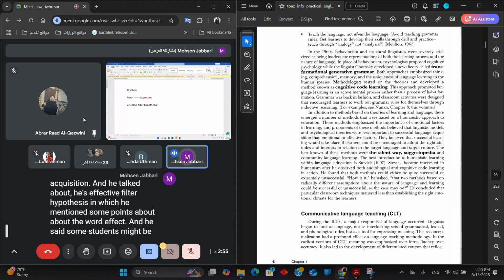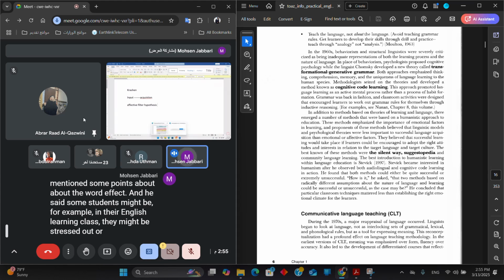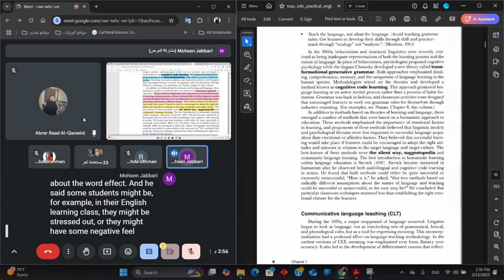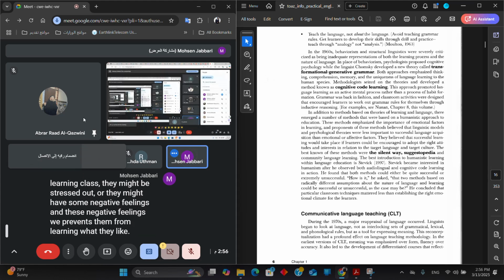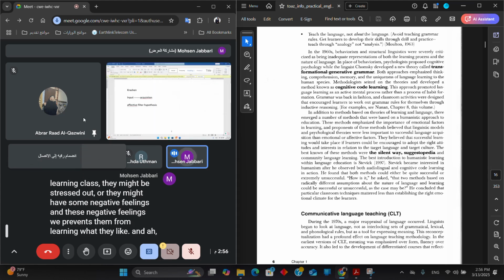He said some students might be, for example, in their English learning class, stressed out or they might have some negative feelings, and these negative feelings would prevent them from learning what they like. And yeah, that's it.